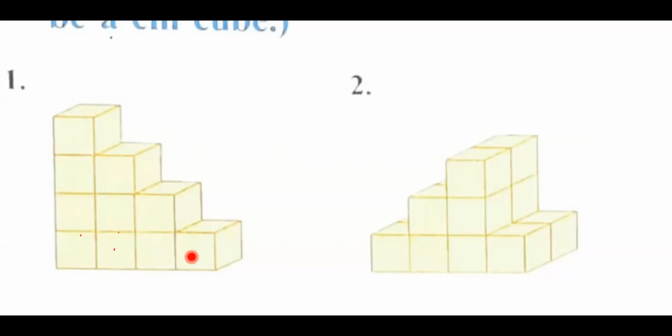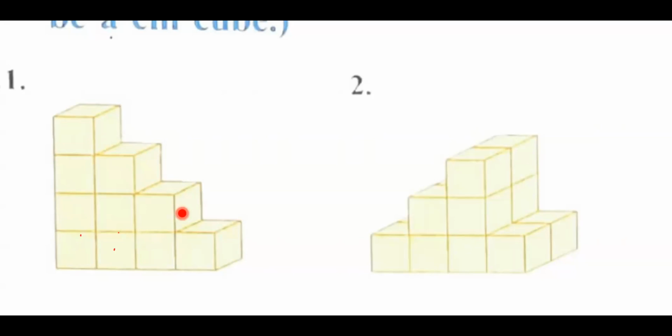Second layer 5, 6, 7. Third layer 8, 9. And top 10. So total are 10. Am I right, Yugraj? Yes, ma'am. Nishchay is right. So there are 10. Clear? Good, Yugraj.